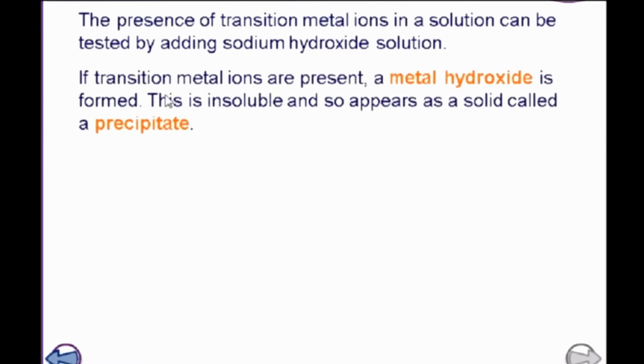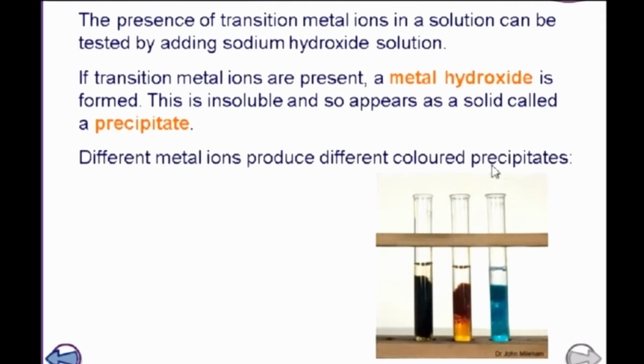For example, if transition metal ions are present, a metal hydroxide is formed. This is insoluble and so appears as a solid called a precipitate. Different metal ions produce different color precipitates.